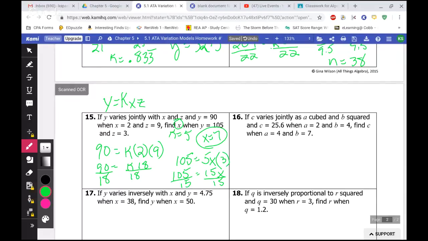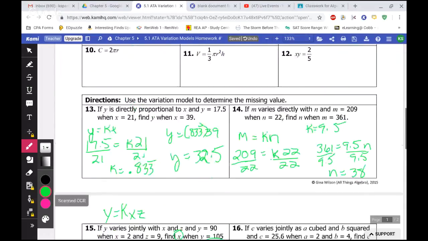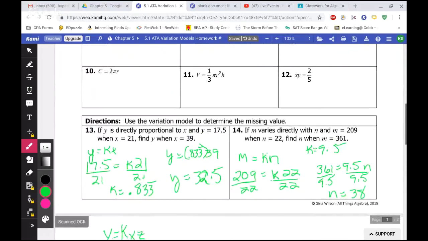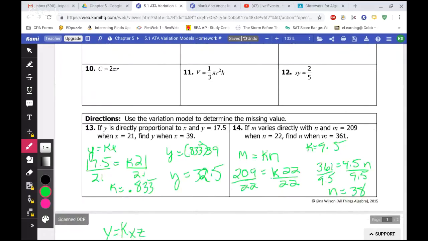If C varies jointly... this reminded me, I was looking at the numbers and it reminded me, did you see the post that Miss Wynn had about numbers 10 and 11? No, I don't think so.